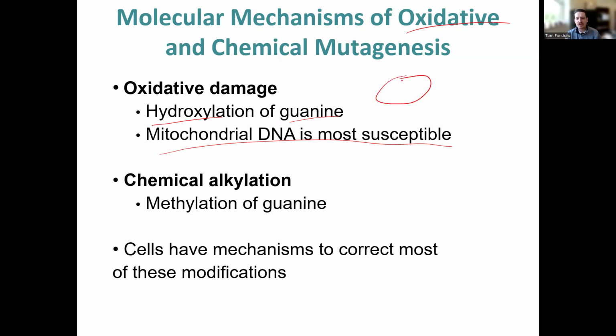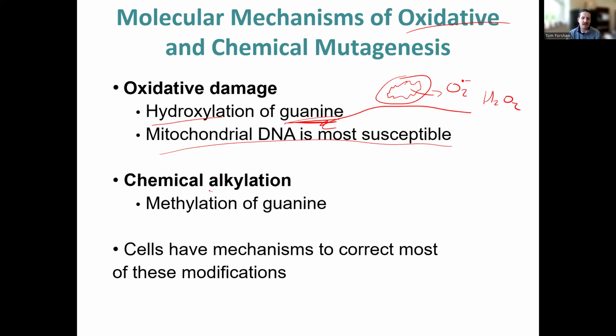This is because the mitochondria produce a lot of ROS, such as superoxide or hydrogen peroxide. And this can cause oxidation of the mitochondrial DNA. And a classic example is hydroxylation of guanine, but other oxidative agents can also cause oxidative damage of DNA outside, like nuclear DNA outside of the mitochondria.